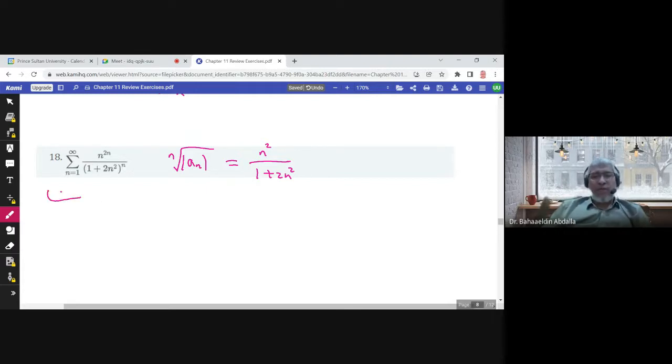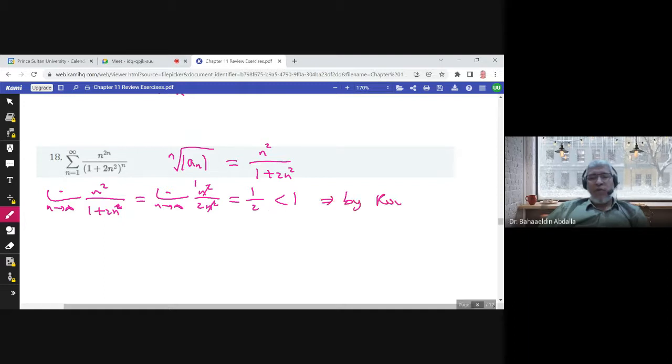So what is the limit of n square over 1 plus 2n square when n goes to infinity? We take the highest powers, it cancels, so the limit is 1 over 2. 1 over 2 is less than 1. So by the root test, summation an is absolutely convergent.